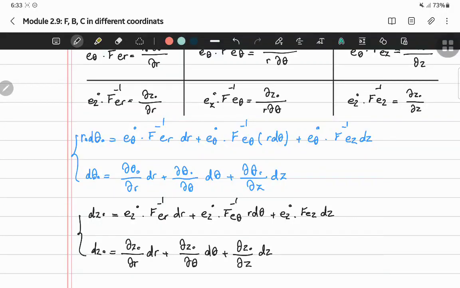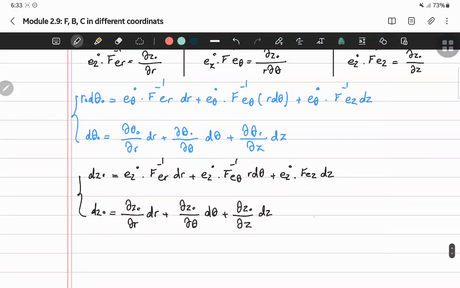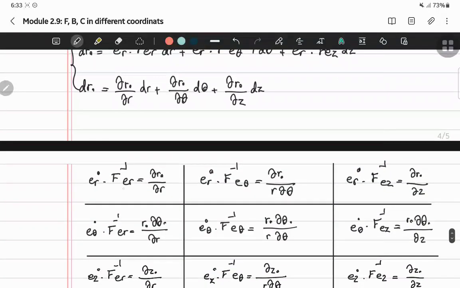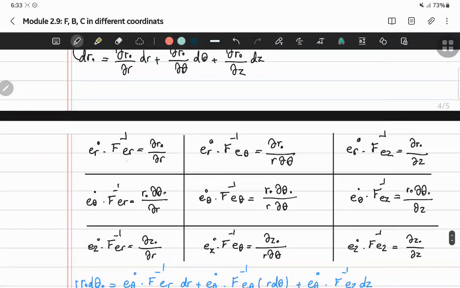All right, so now we filled in the third row here, and here are the relevant calculations. So now we have to find F inverse. We have to find F inverse er, F inverse e theta, and F inverse ez. We utilize the same strategy as before.